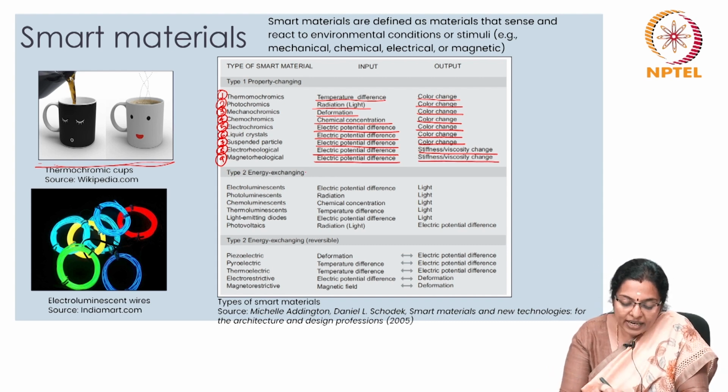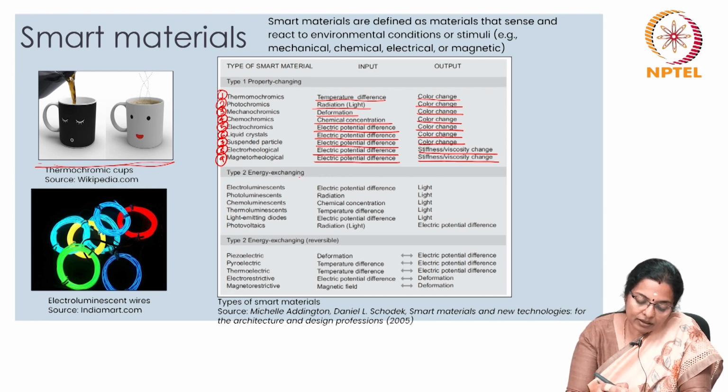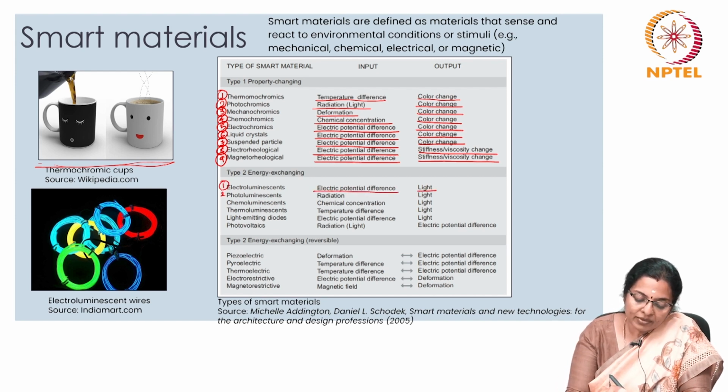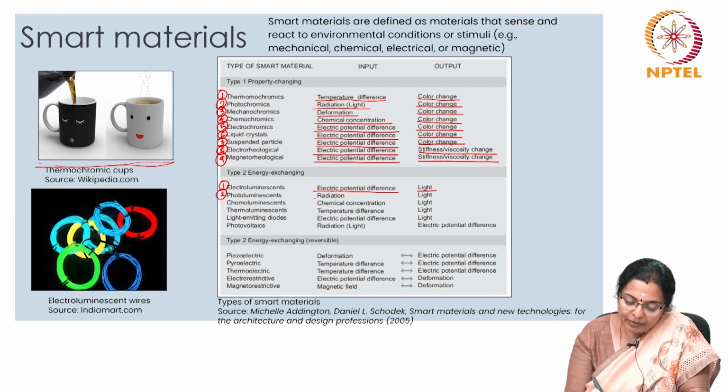There are certain energy exchanging materials. The electroluminescent material, when the input is electric potential difference, the output is light. Photoluminescent materials, when input is radiation, output is light.